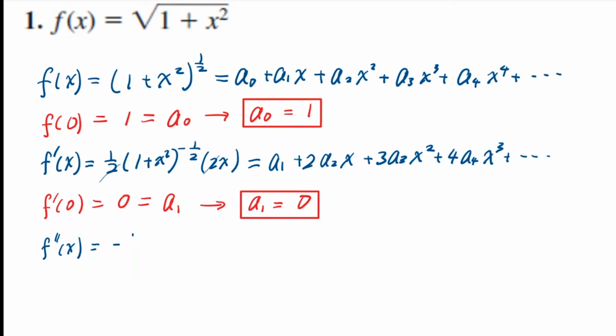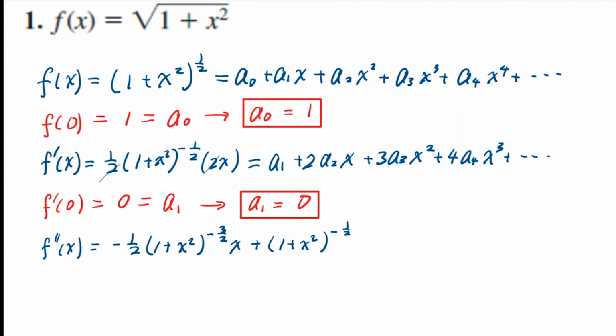So that becomes negative 1/2, and then (1 plus x squared) to the negative 3/2 power times x, and the product rule. So the other one is plus (1 plus x squared) to the negative 1/2 power, and then x disappears, correct?